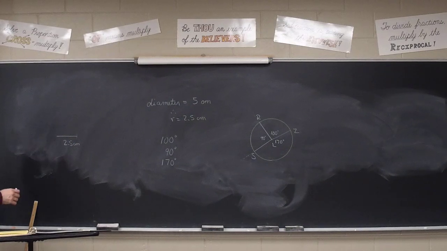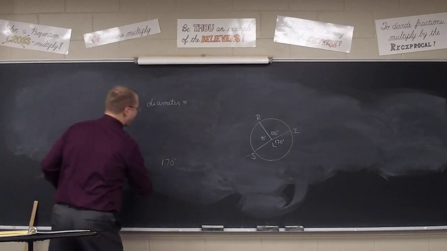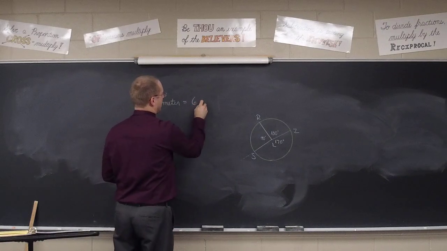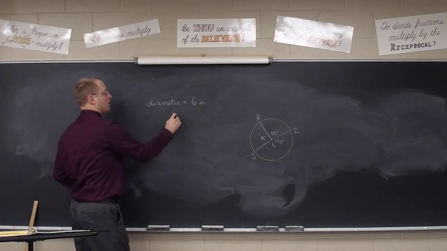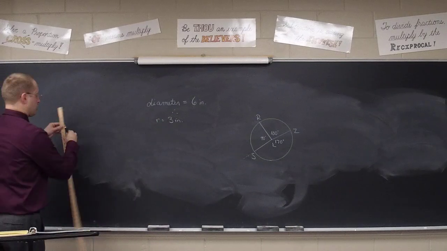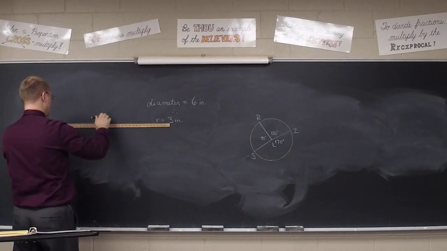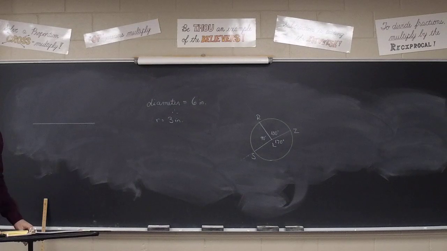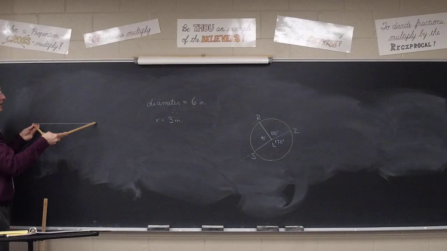Let's say we want a nice big circle this time. We want a 6-inch diameter circle. Well, class, that means we're going to need to make the radius 3 inches. So, on your paper, draw yourself a 3-inch line. Now, you might want a blank side of the piece of paper, because this is going to be a pretty big circle, isn't it?